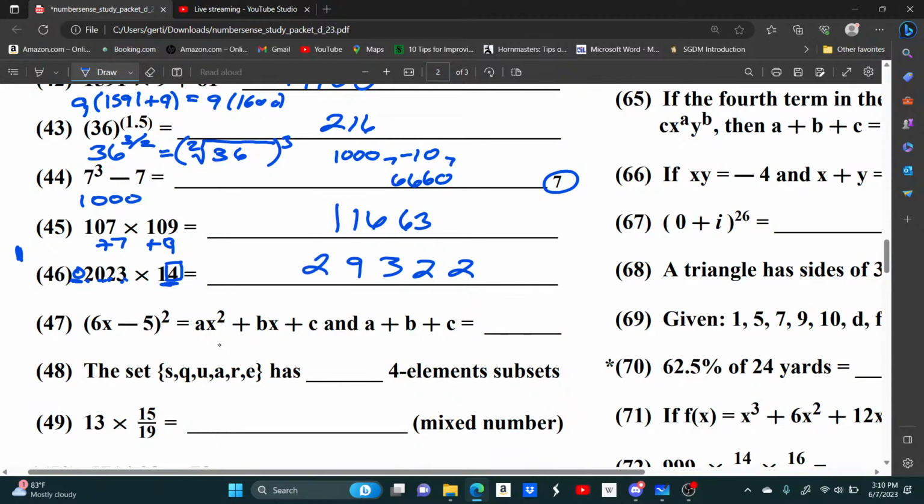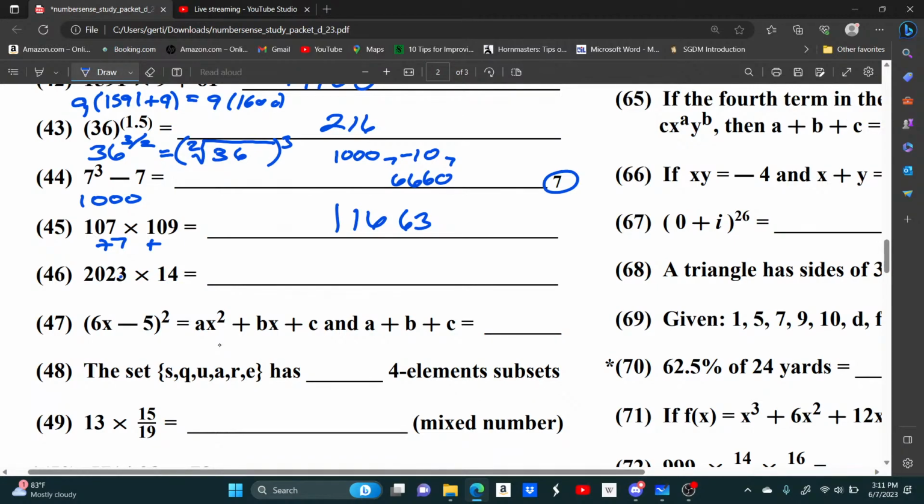So it's just going to be 29,322. Let me double check this one real quick. Yeah, I did something wrong. Oh, I must have carried something wrong. Oh, I wasn't supposed to carry right here. Actually, let me just do this one all again to avoid confusion.